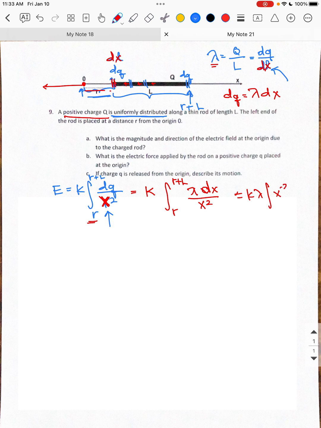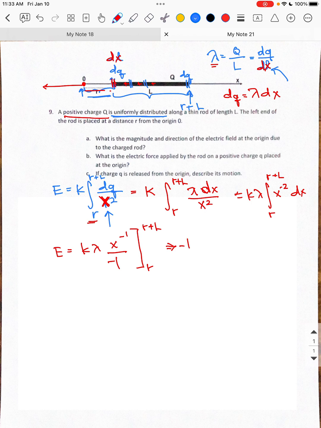But when I'm working with variables in the denominator, I find it a lot easier to integrate when I put it in the numerator with a negative power. So I'm going to use my property of integration with polynomials: I can get rid of my integral, add one to the power to make it -1, and divide by that new power, and then I take my limits from r to r plus L, and then I plug in those values.